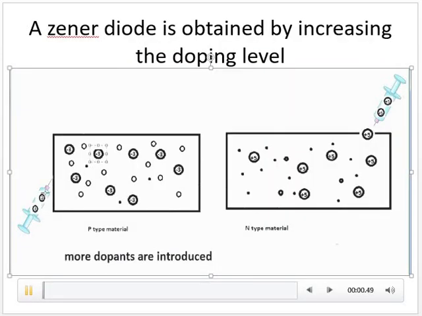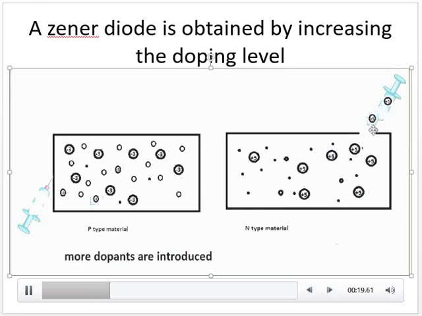Now let's understand how we can obtain a Zener diode. We increase the dopants, we diffuse more dopants in the P and N materials so that they are highly doped, they have high doping concentration.